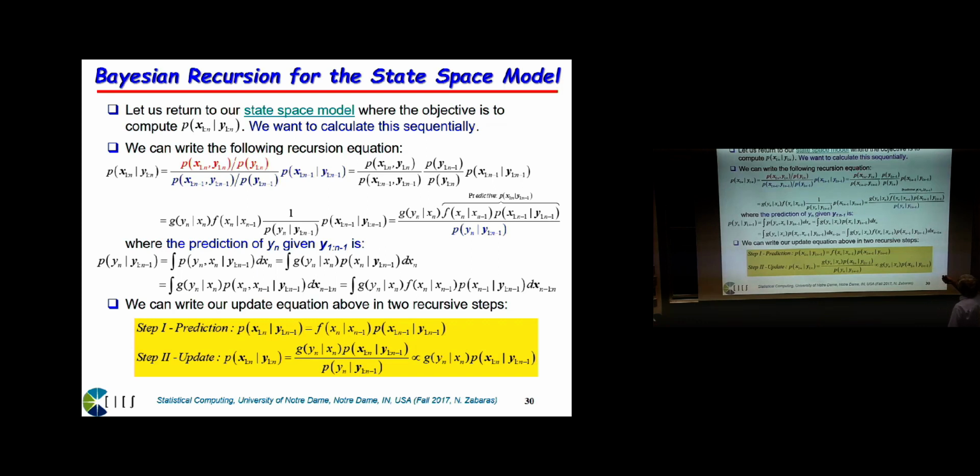Now look at the first fraction here. Remember how the joint probability distribution at time n and n minus 1 looks. Can you see why this ratio is exactly this product of g and f? You remember how we built the joint probability distribution: the transition probability is f of xn given xn minus 1, and then the likelihood of yn given xn.